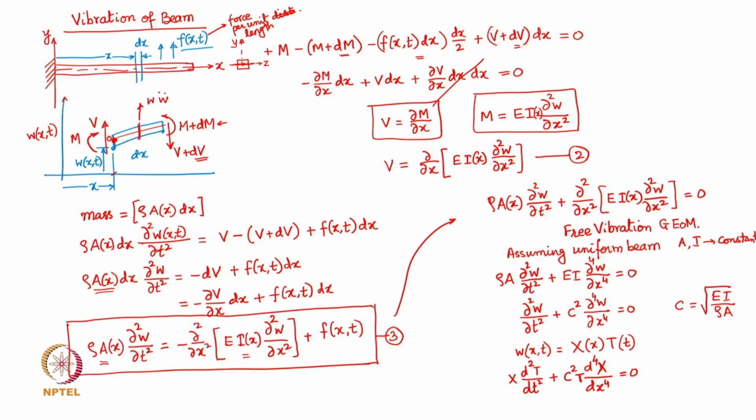I can reform this particular equation, that is capital X d²T/dt² plus c square capital T d⁴X/dx⁴ equal to 0.